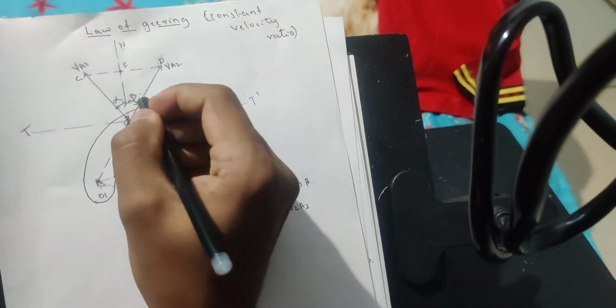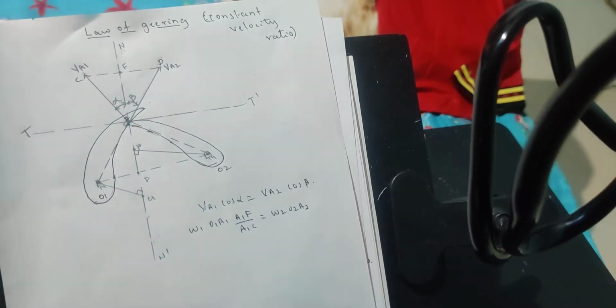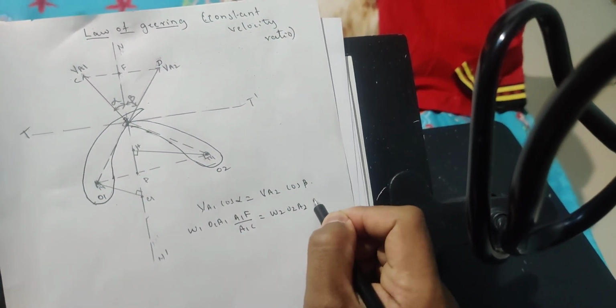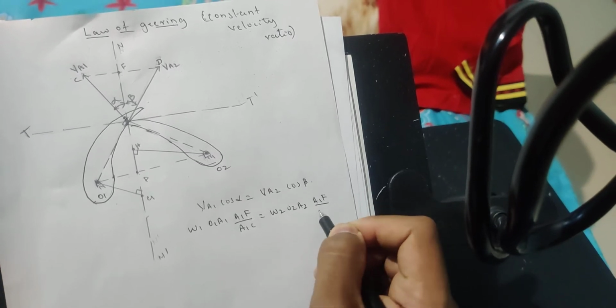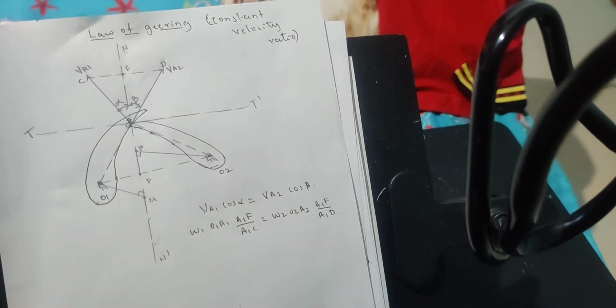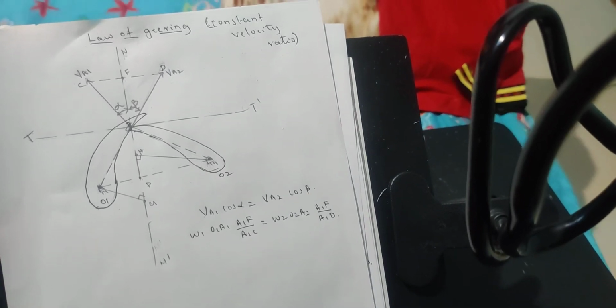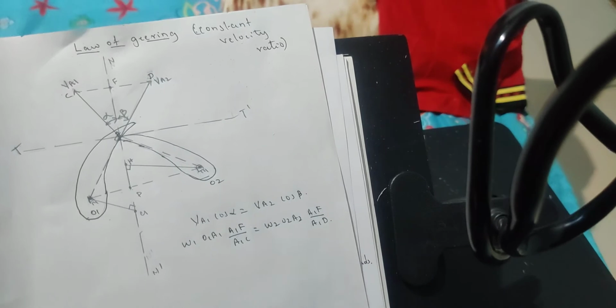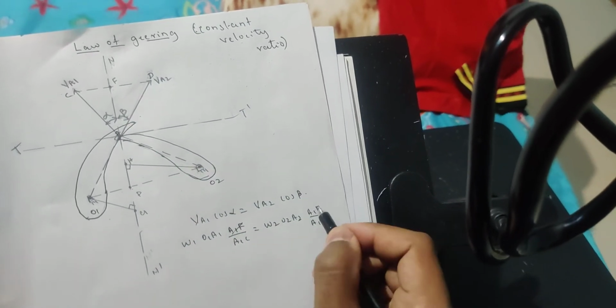What is cos beta here? Same thing, adjacent upon hypotenuse. So it will be A1F upon A1D. Now if you see this, A1F is common to both, so this gets cancelled out.